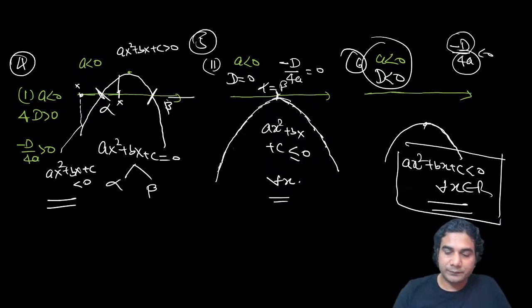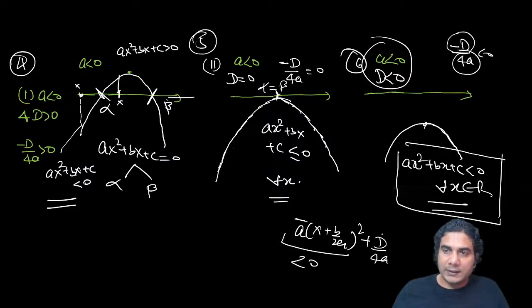If you express it as a perfect square, you can write a times x plus b by 2a the whole square, minus d by 4a. Right. So you can see a is negative, so a times the square is negative.